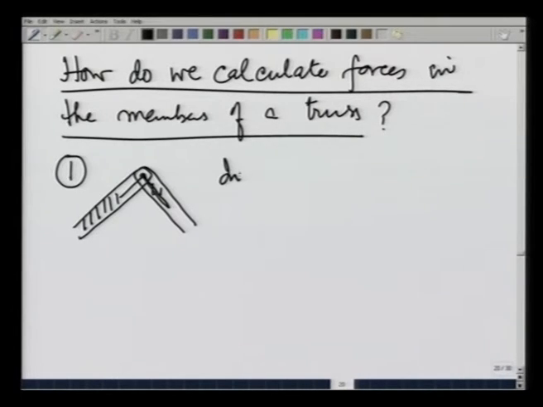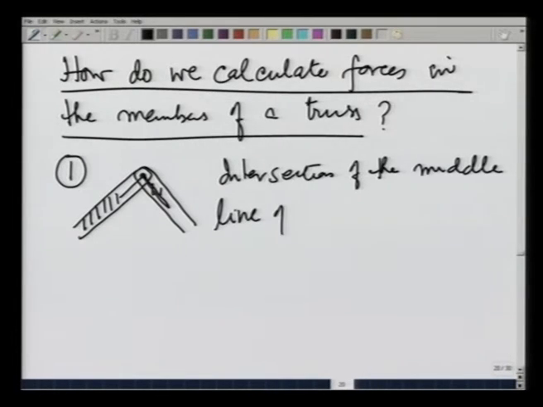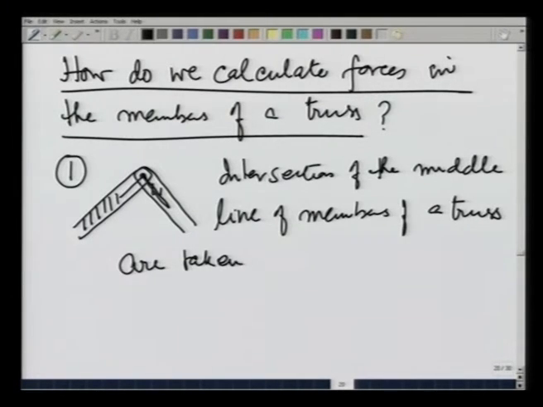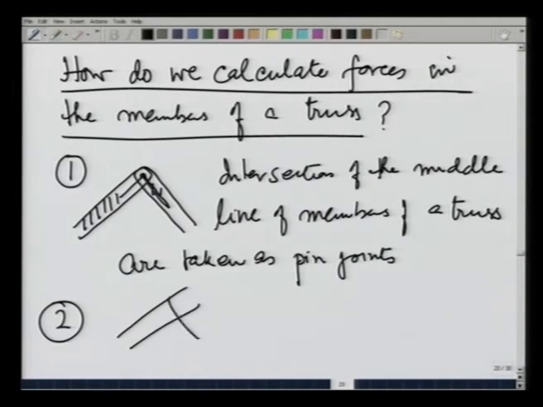So, intersection of the middle line of members of a truss are taken as pin joints, and as a corollary, any plate or bolting that can be done here, we ignore the torques arising because of that.